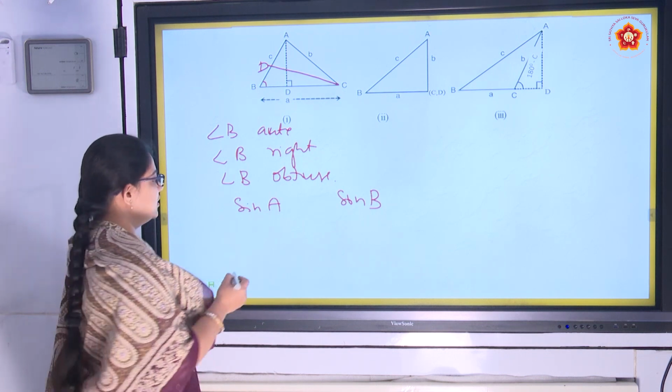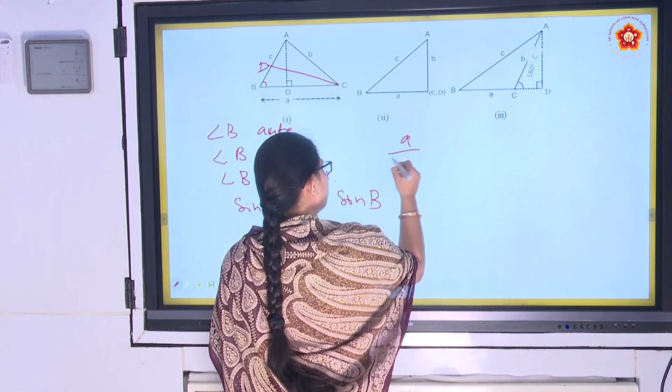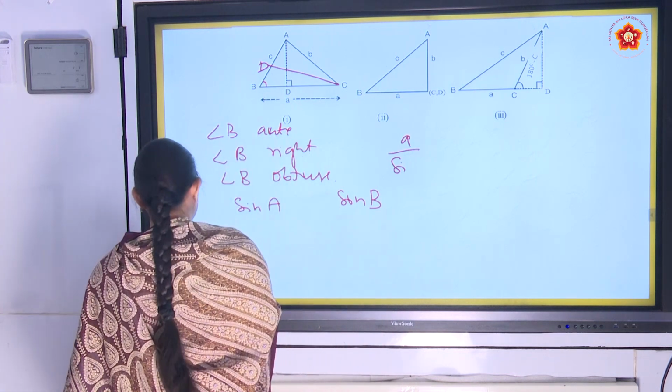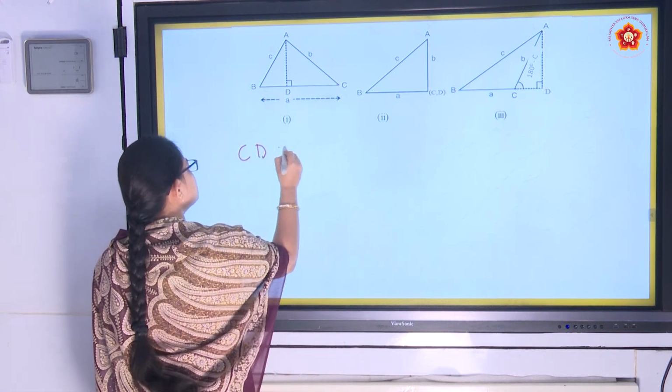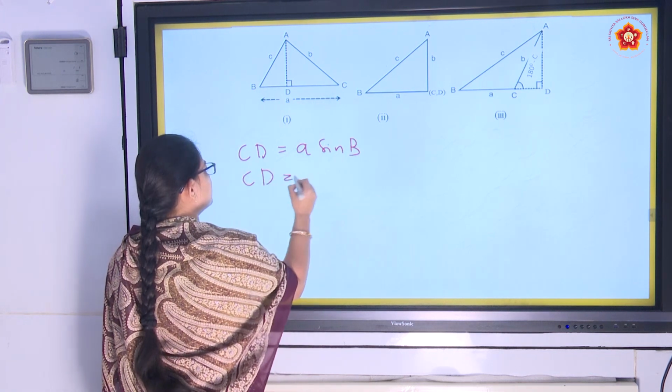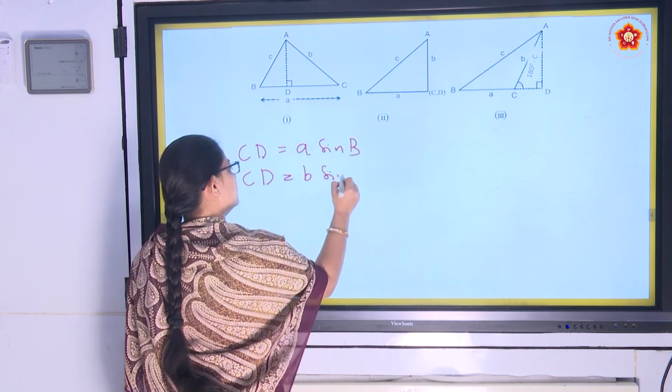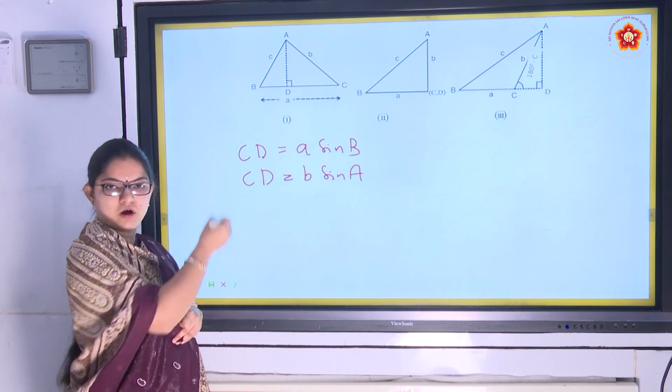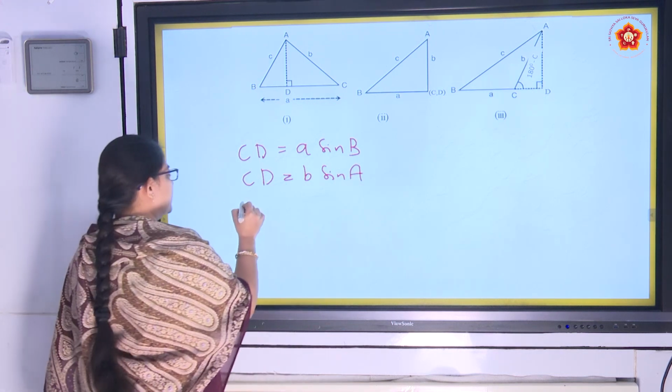Definitely you will get the relation: CD is equal to A sine B and CD is equal to B sine A. You will get this relation in all the 3 cases. Therefore you can equate them.